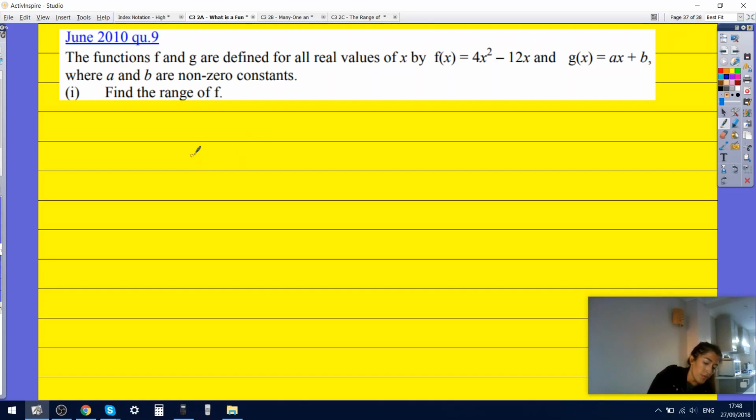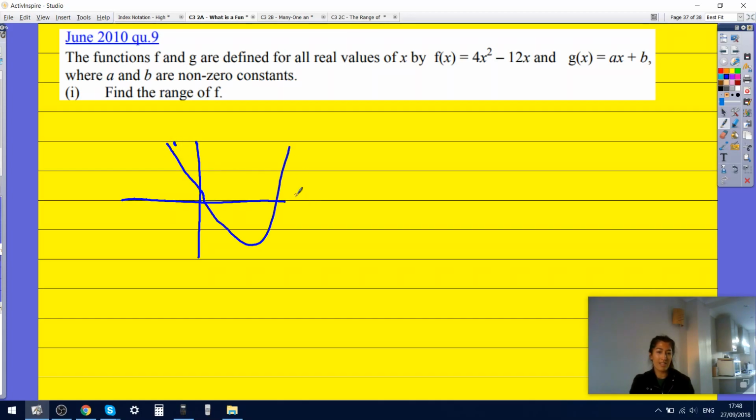And the minimum point is 1.5, minus 9. So f of x is greater than or equal to minus 9. Minus 9. That's it. Any questions there?